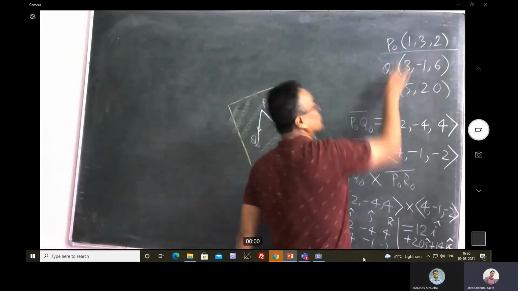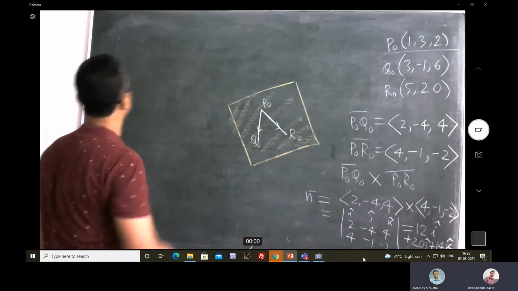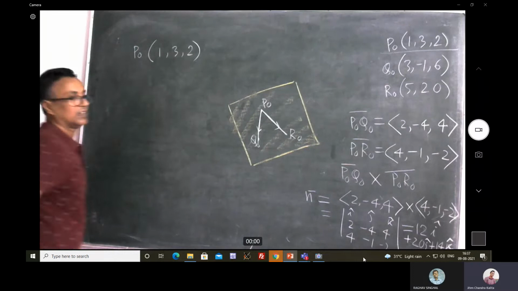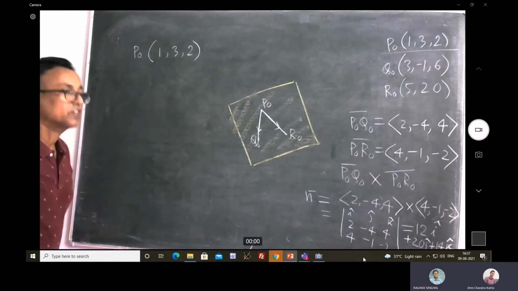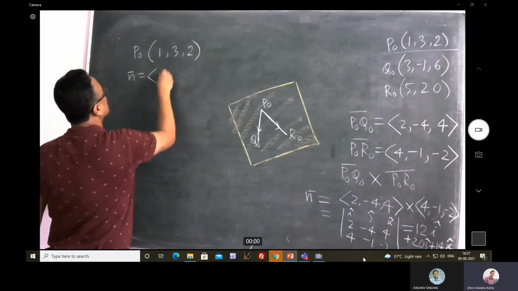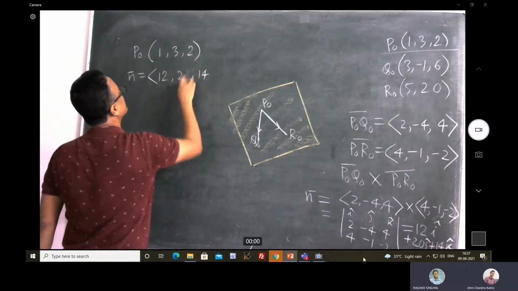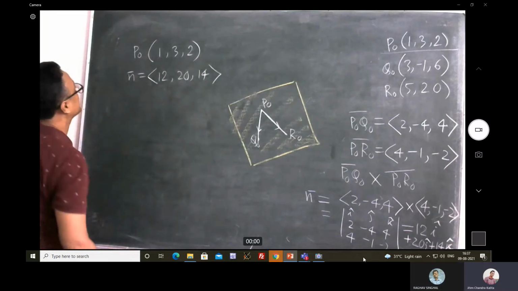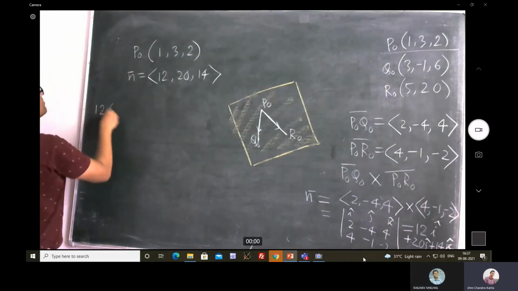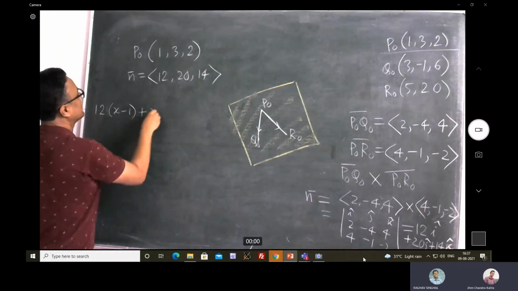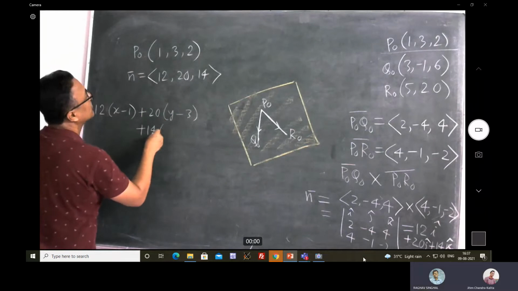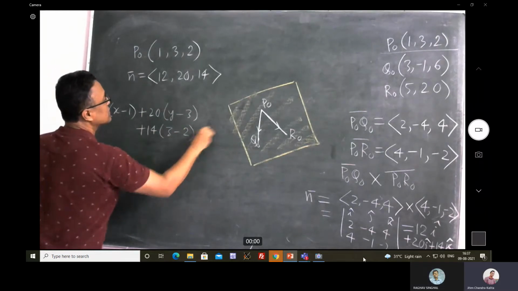So what do we have now? You can take any of those three points. If I take P naught as my point, which is a fixed point lying on the plane, and I know the normal has components 12, 20, 14, then the equation of the plane passing through this point is given by 12 into (x minus 1) plus 20 into (y minus 3) plus 14 into (z minus 2) equal to 0.